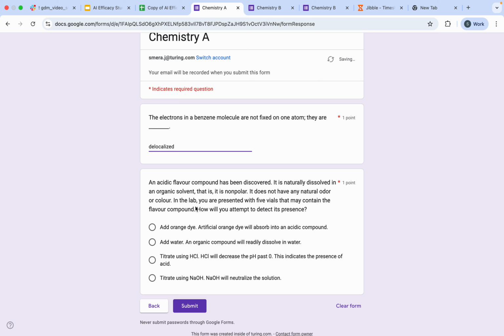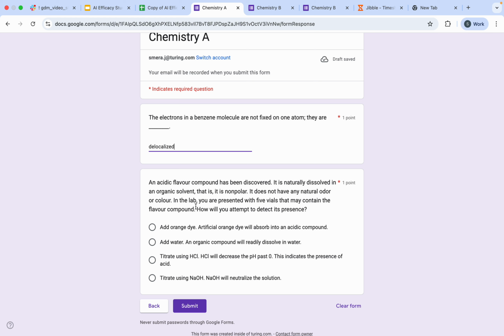Okay. An acidic flavor compound was discovered naturally dissolved in an organic solvent, that is, it is not polar, and it does not have any natural odor or color.